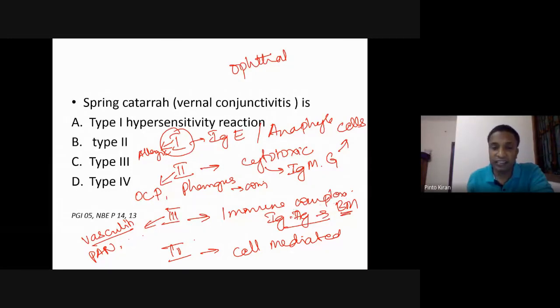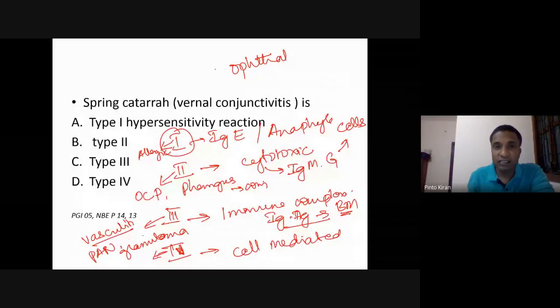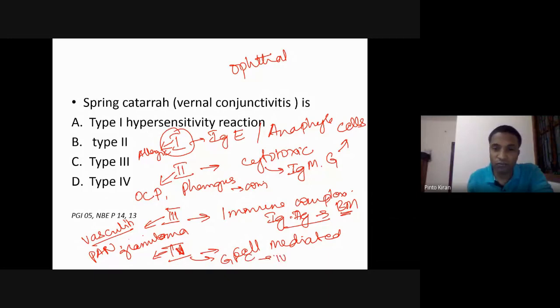Type 4 is a granulomatous reaction. Just like you saw GPC, giant papillary conjunctivitis, it's partly also because of type 4.